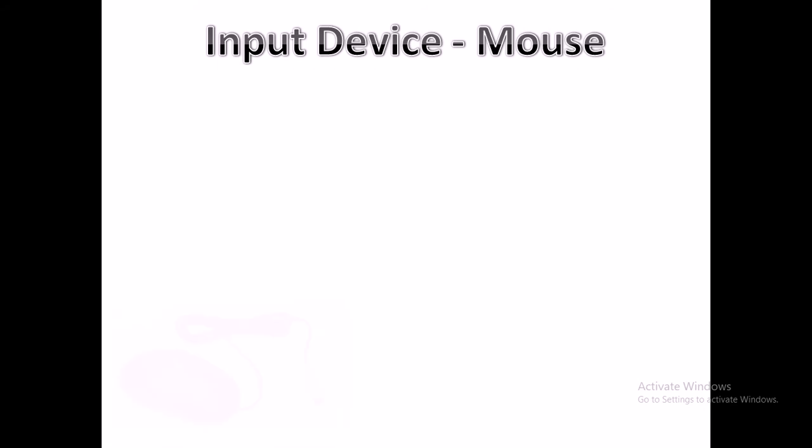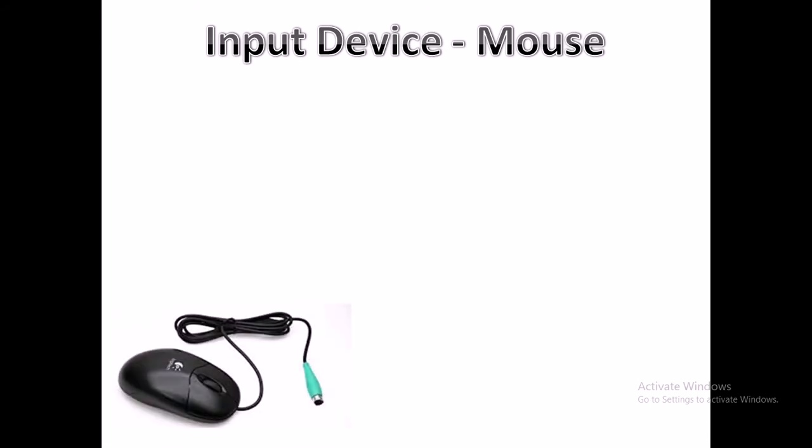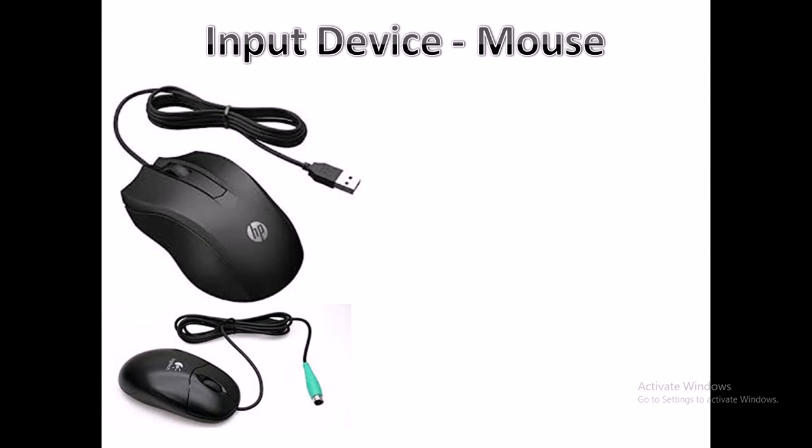The mouse is a palm-sized plastic device with two or three buttons. The left mouse button is used frequently. The mouse has a right button for special purposes. You can see the mouse is put on the mouse pad and then operated.